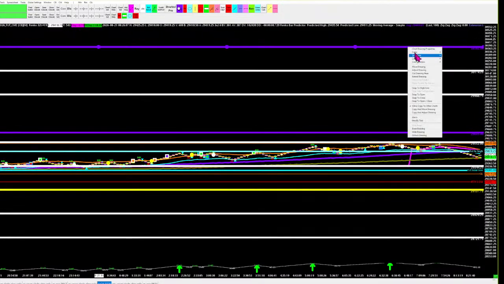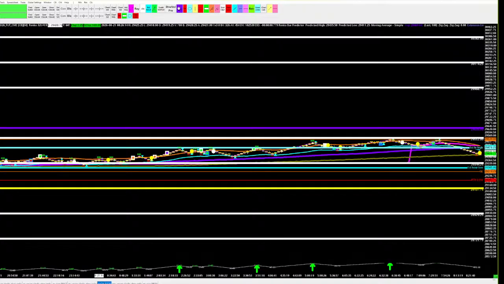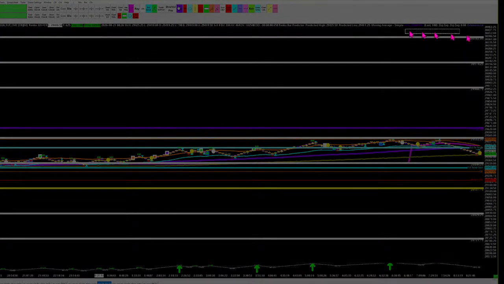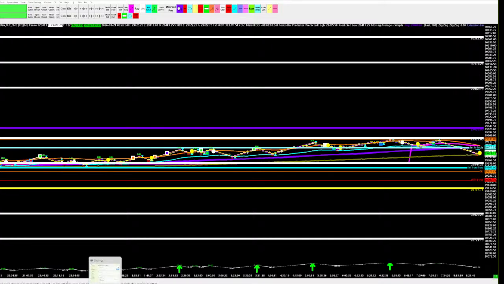This goes white. We have econ at 8:45, and that is it for the day. And then it's all OPEX from there. There's the NQ levels posted. I'll move this over to the ES chart.